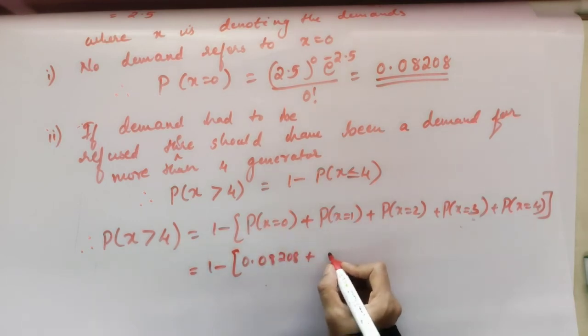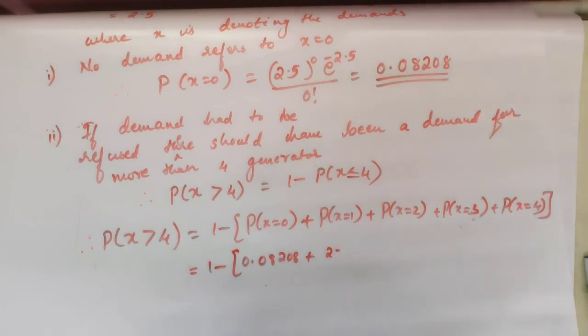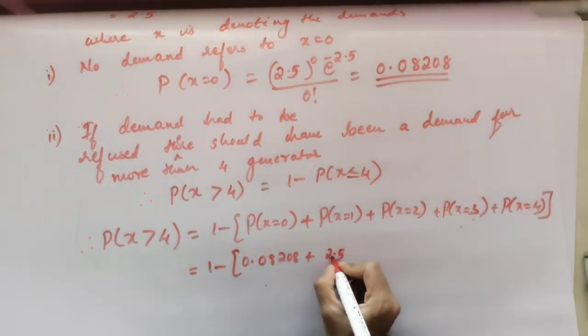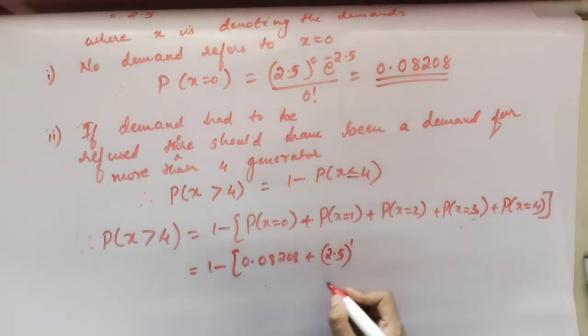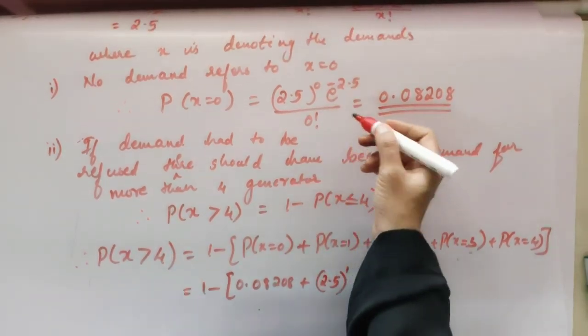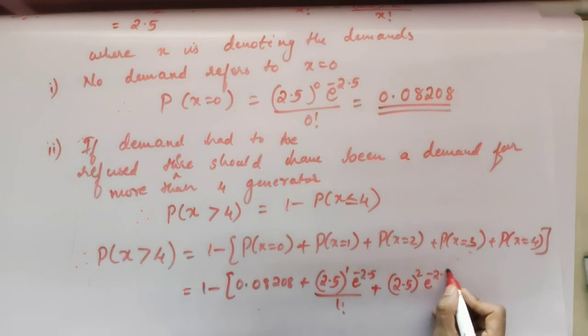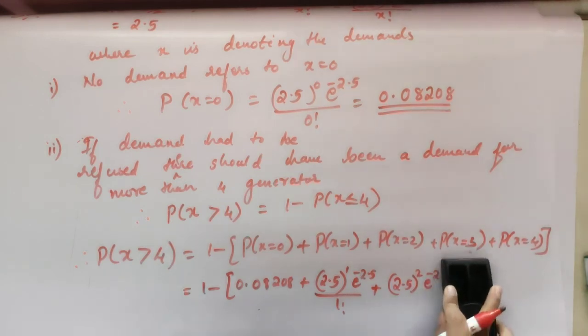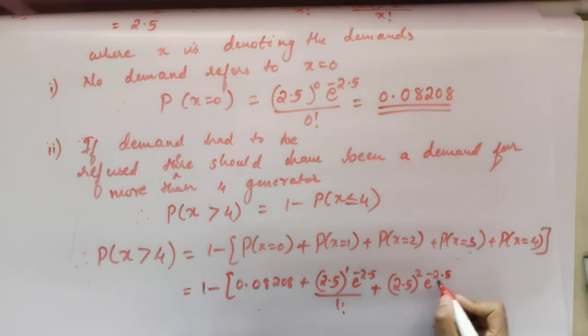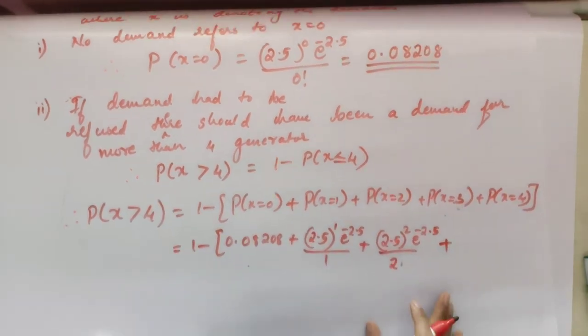P of x is equal to 1: I'll substitute the values and we'll evaluate using our calculator. You also do the same thing. P of x is equal to 1 means 2.5 raised to 1, e to the power minus 2.5, divided by 1 factorial, plus 2.5 whole square, e to the power minus 2.5, divided by 2 factorial, which is 2. I'm not going to write the factorials because you already know the values very well.